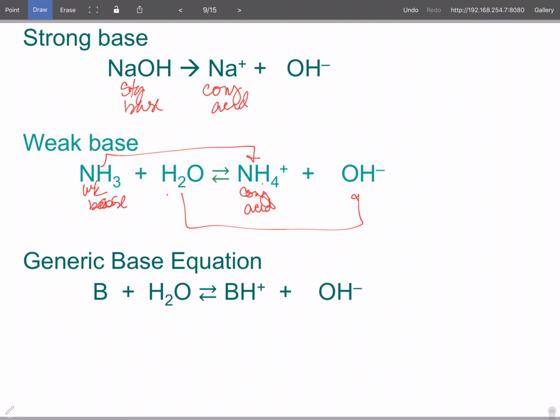These two pair. This is the acid form, so this is the conjugate base. And you're like, wait, but that was the base form. Yep. So again, weak base, weak acid, conjugate acid, conjugate base. Notice they pair.